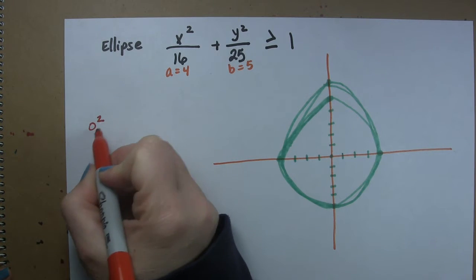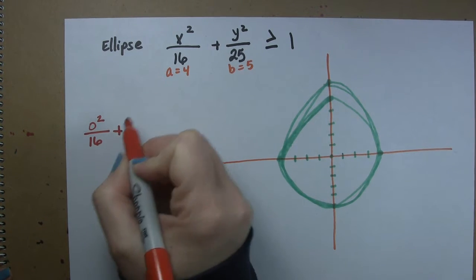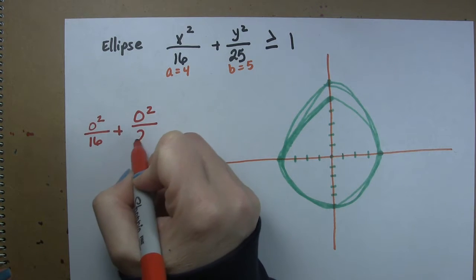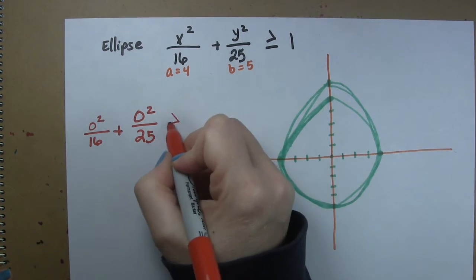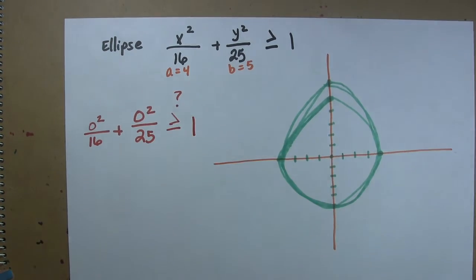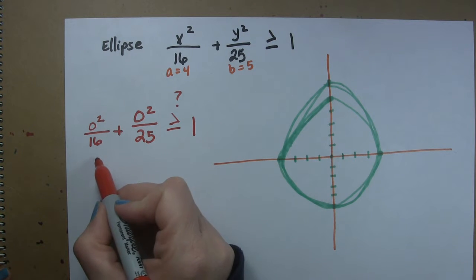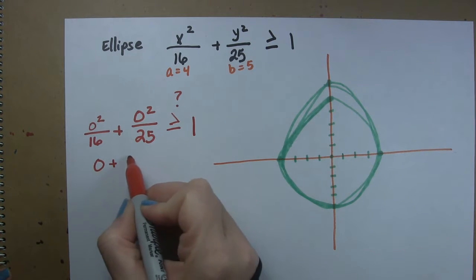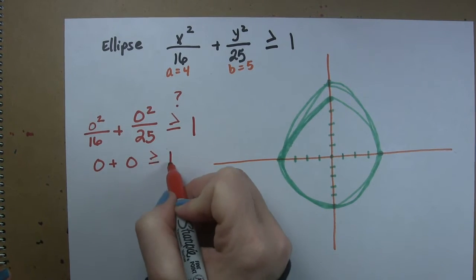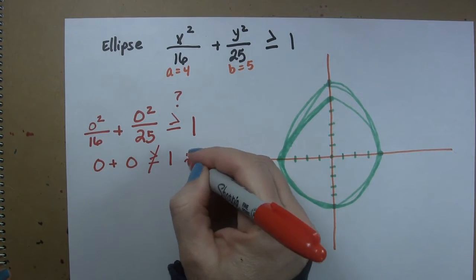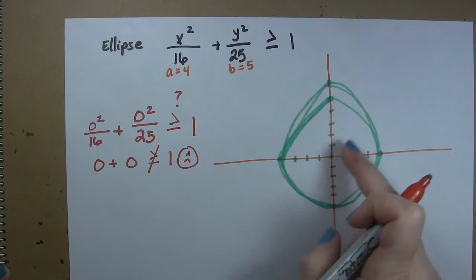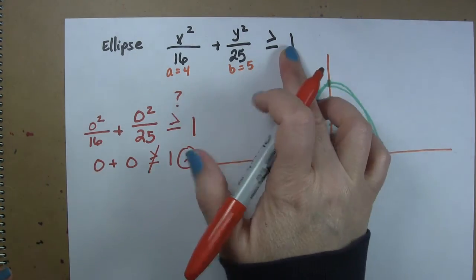So 0 squared over 16 plus 0 squared over 25, is that greater than or equal to 1? Well, here we would have 0 plus 0. Is that greater than or equal to 1? No, it's not. So 0, 0 is not included in this equation.